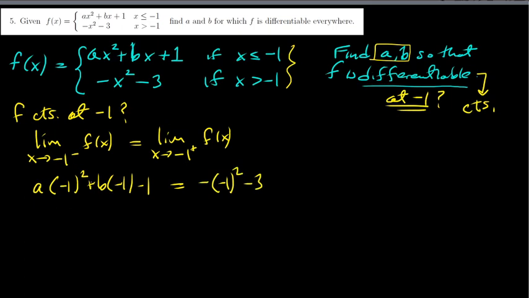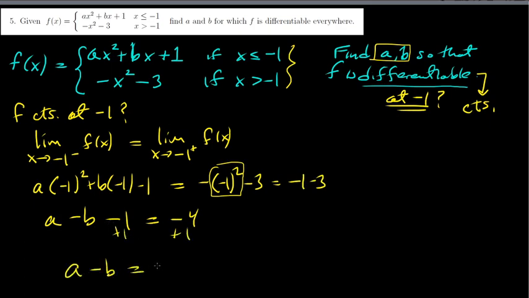So be careful, because there's a lot of negative signs. This is a minus b minus 1, and negative 1 squared is 1, but there's still a negative in front. So negative 1 minus 3 is negative 4. And now I would add the 1 to both sides, and you get a minus b is equal to negative 3.